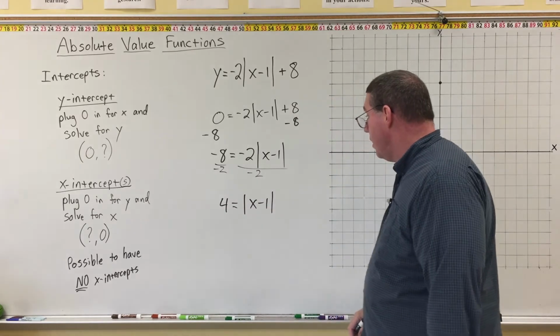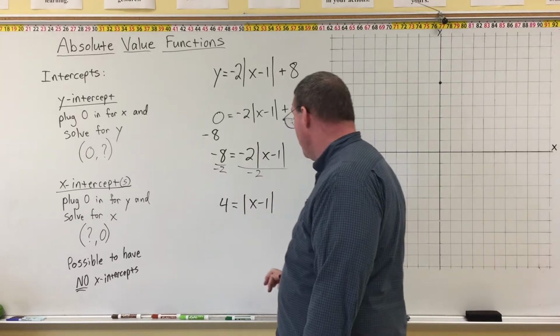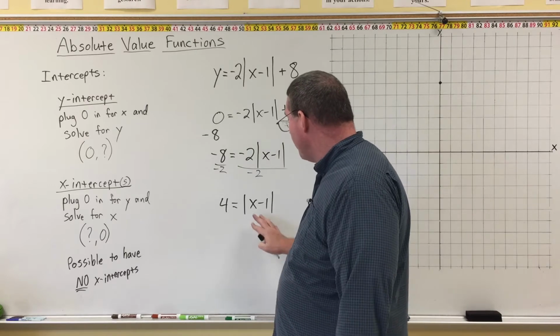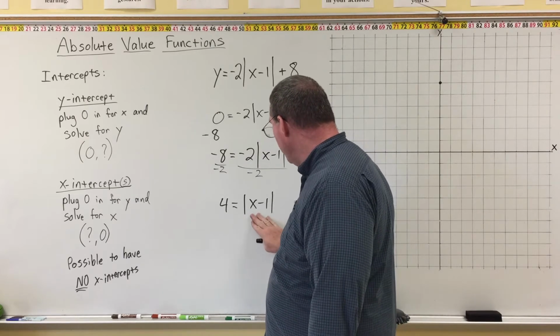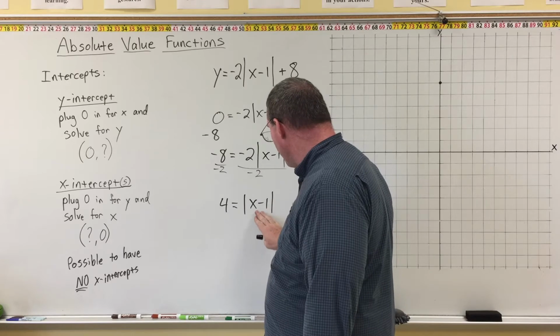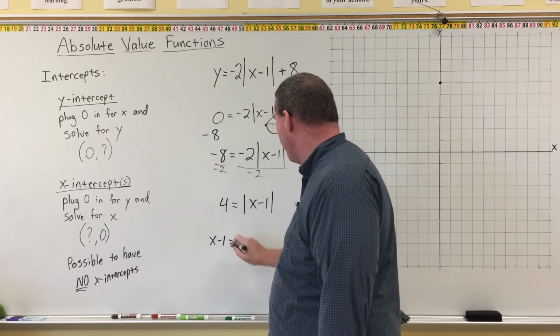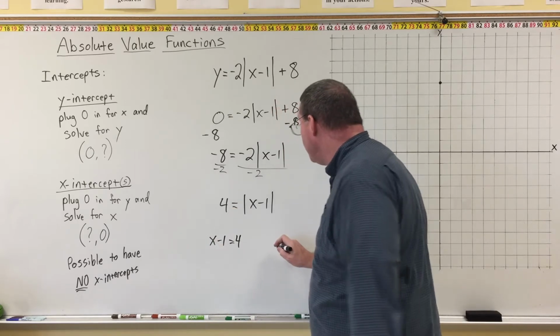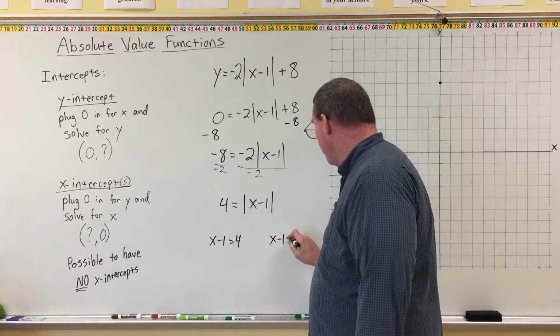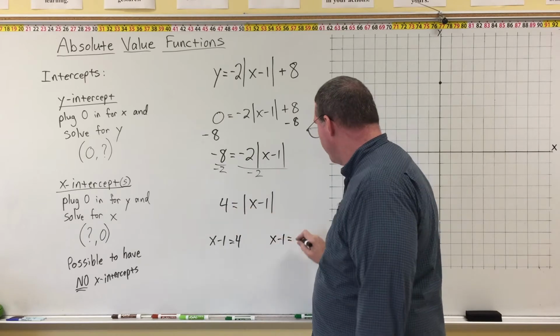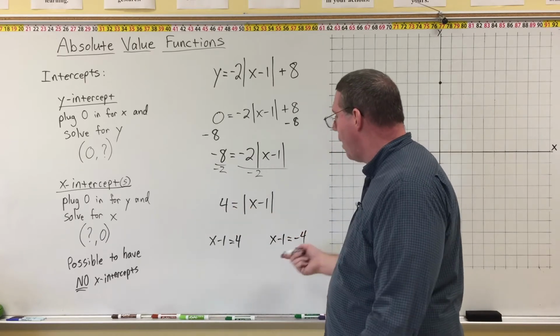Therefore, there are x-intercepts. So now what we're going to do is, remember, when solving an absolute value equation, we get rid of the absolute value symbols and we write the expression inside, x minus 1, equal to this number. And then we write a completely separate one, x minus 1 equals the negative version of this number. So -4, and now we just solve.